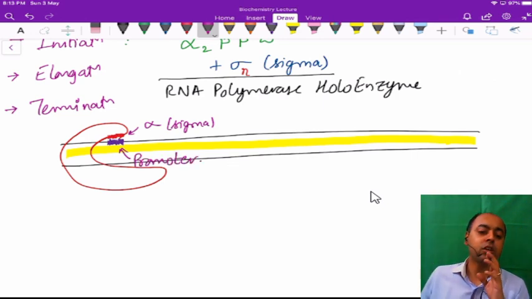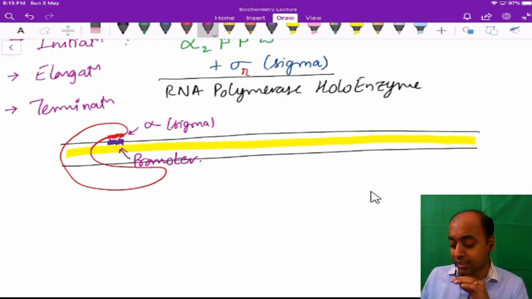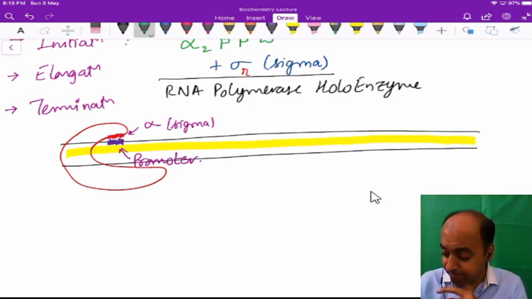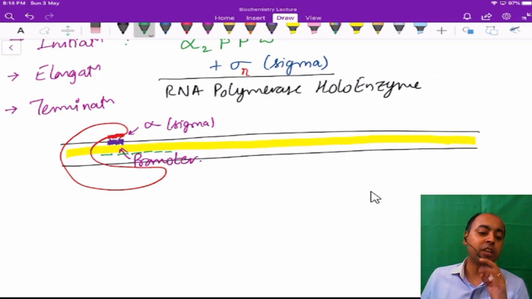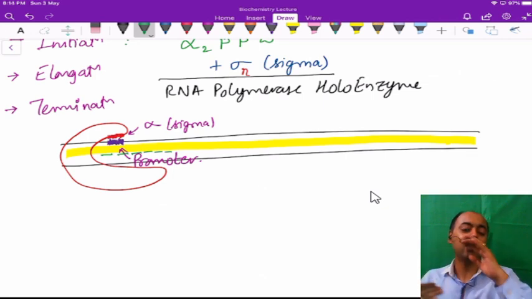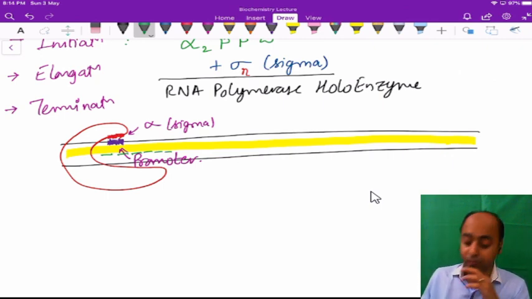So first point to note, the RNA polymerase holoenzyme will go and attach to the promoter site which corresponds to the sigma subunit. Once this attachment occurs, there is a denaturation of the overlapping segment of DNA. Whatever DNA is covered by the RNA polymerase holoenzyme, that segment is separated, and only that segment is separated.